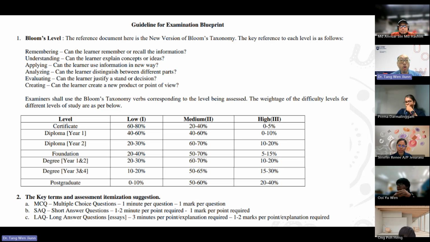Again, go back to your school, because some programs might have their own standards, so that will be the first thing you follow. But if there are no standards and it's up to you to prepare, then this table will be a very good guide on the difficulty levels.